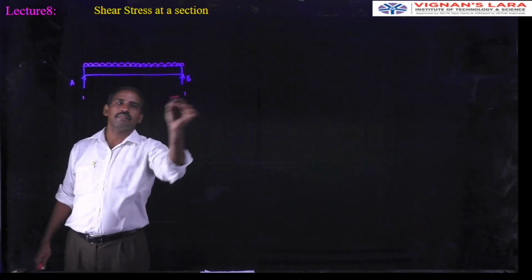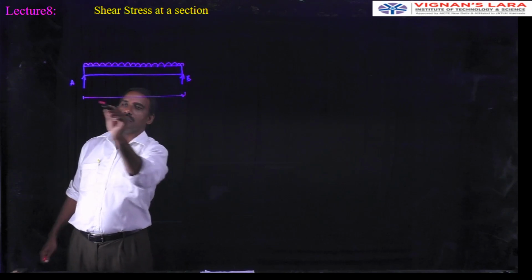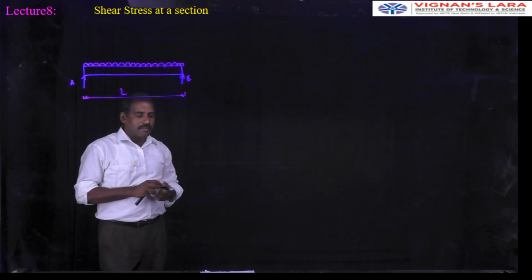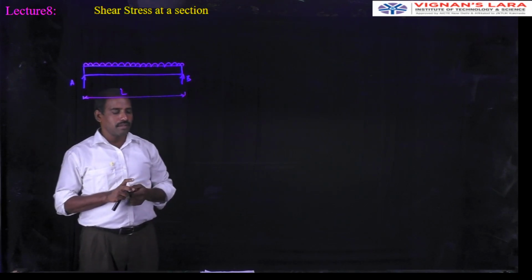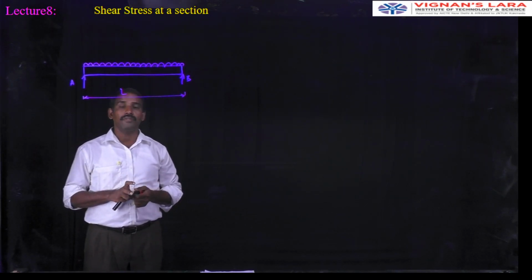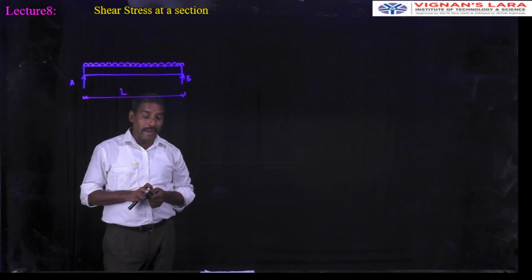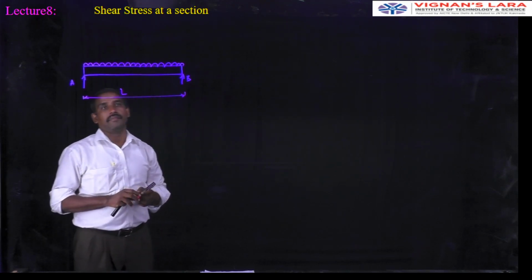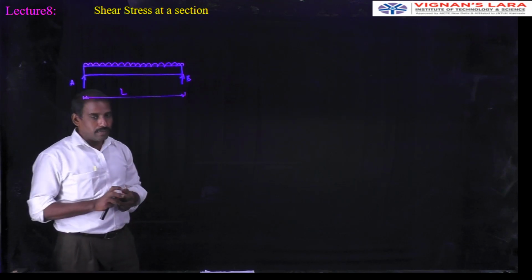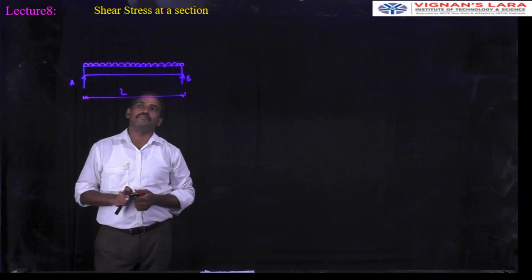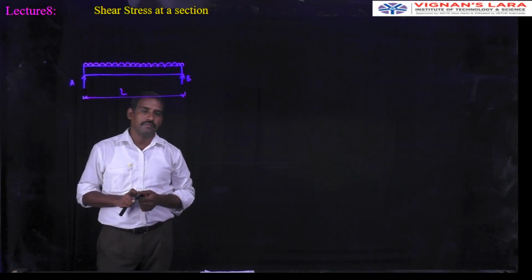For example, this is the total length of the beam. For a uniformly distributed load, the shear force and the bending moment will vary along the length of the beam, as we know.